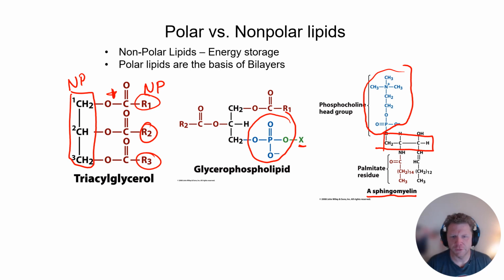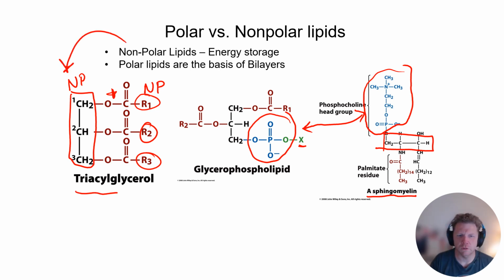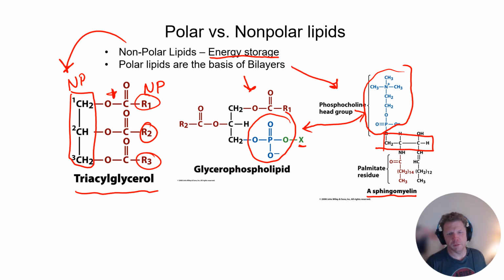This is akin to what you see in a glycerophospholipid. Now, with all of that said, your nonpolar lipids, like your triacylglycerols, are primarily going to serve the purpose of being energy storers. And then your polar lipids, these and these, respectively, are the basis of lipid bilayers. So when you visualize a lipid bilayer, something like this, and this group right here is that right there.